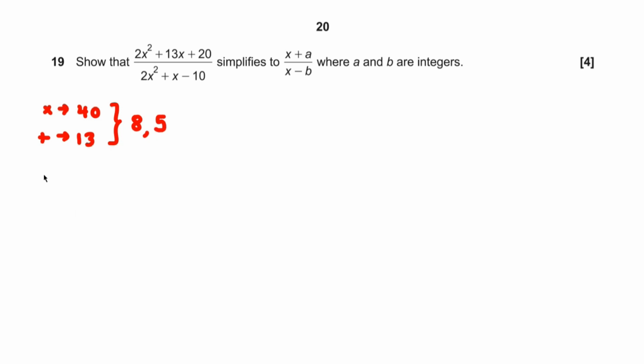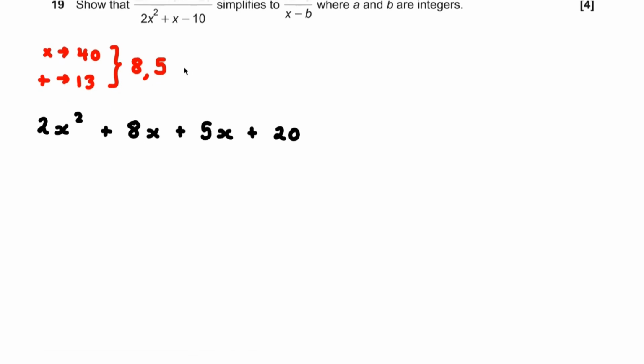So, I've got 2x squared plus 8x plus 5x plus 20. 8x plus 5x is 13x. So if I factorise the first two terms, I get 2x, and then inside the bracket, I would have x plus 4.